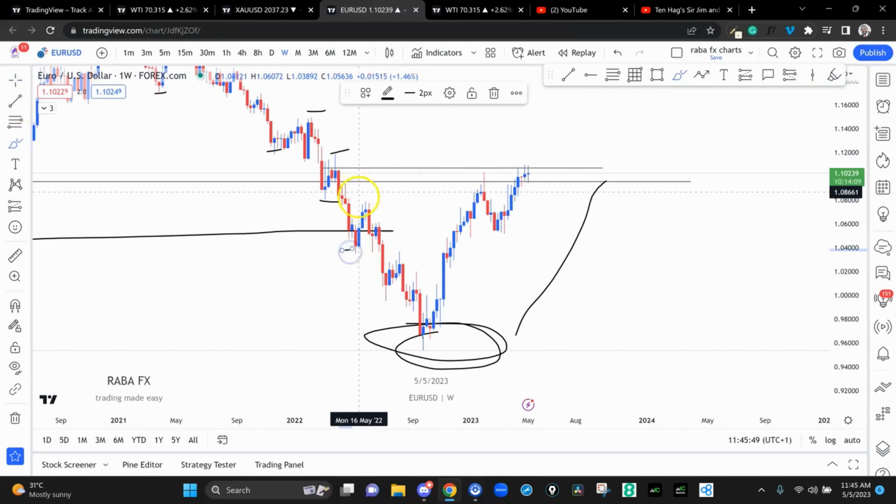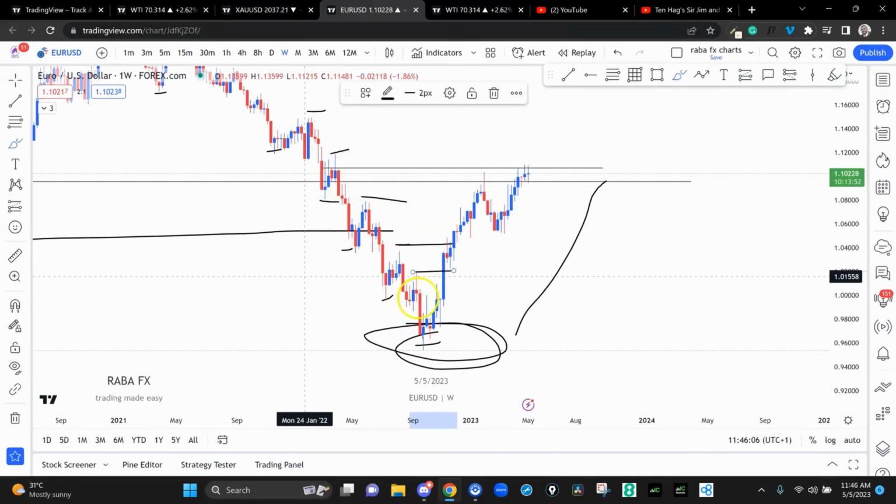Within that minor structure we have broken the minor structure high starting from here, and that's why I say this is a pullback to the upside. So this is simply the minor structure.